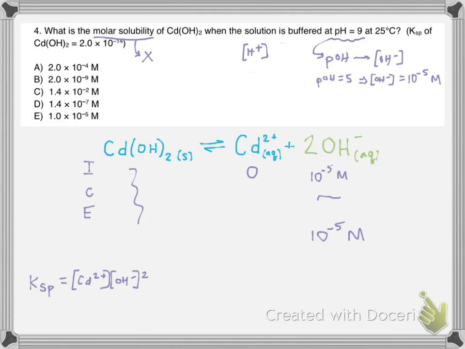But we don't know how much cadmium is going to come from this dissociation. So we'll add 1x and just have x for that final concentration. Okay.